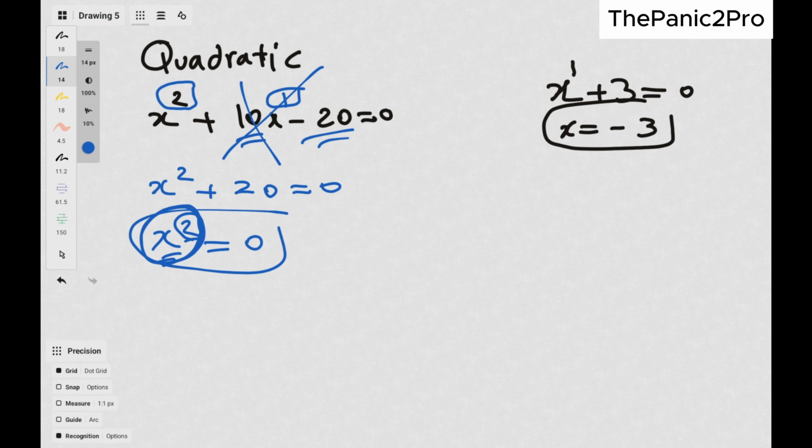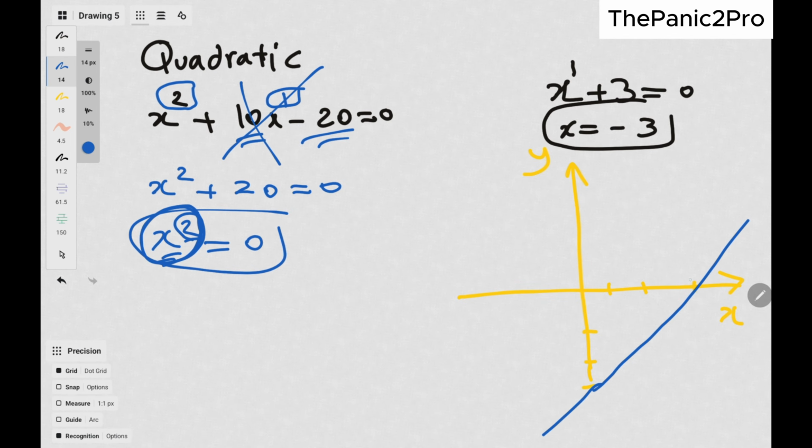In order to represent that, for the linear equations, let's say on an xy coordinate, we had, for example, 1, 2, 3, 1, 2, 3. Let's say we had a line, right? Let's say this line is x minus 3 equals 0, and this is 3. So basically, the root of the equation is where this line hits the x-axis.